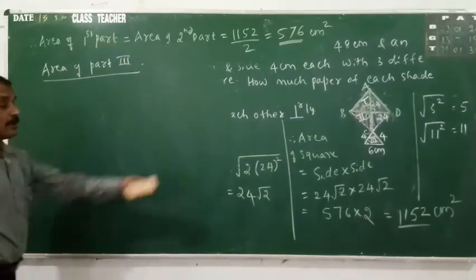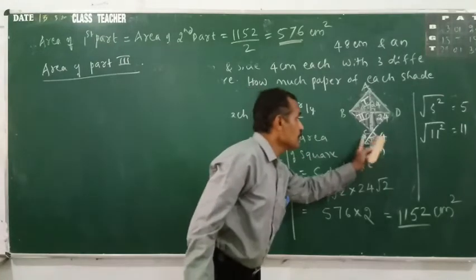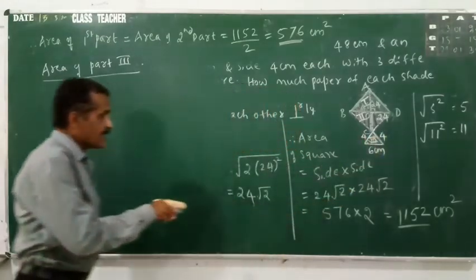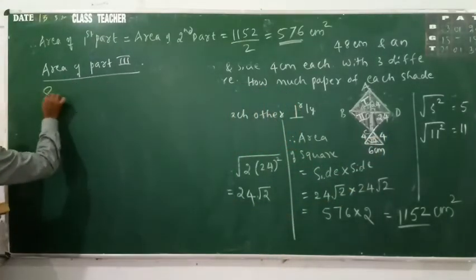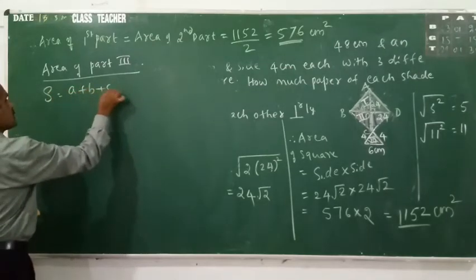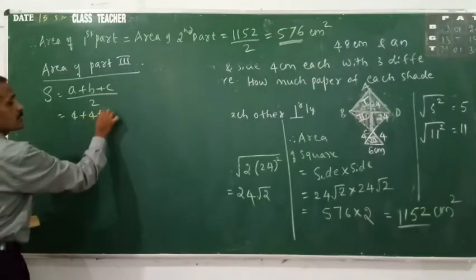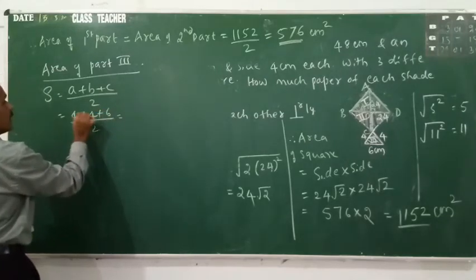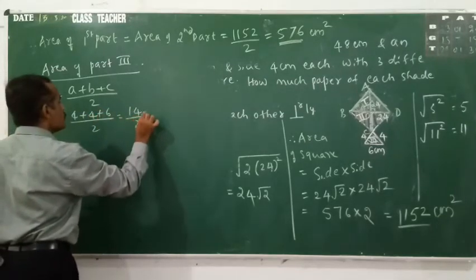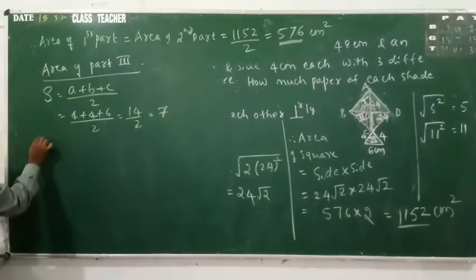To find the area of a triangle, you need to find the semi-perimeter. S is equal to A plus B plus C divided by 2. It is 4 plus 4 plus 6 divided by 2. 14 by 2, answer is 7.